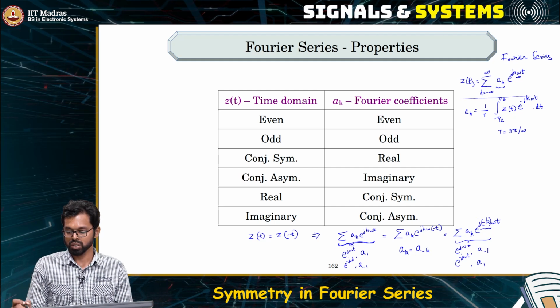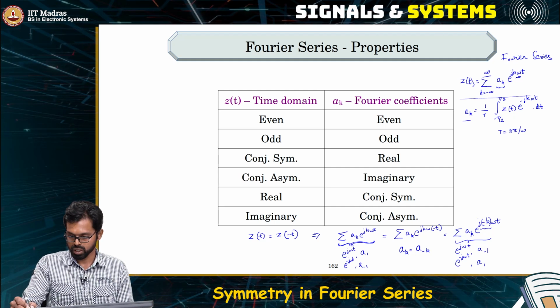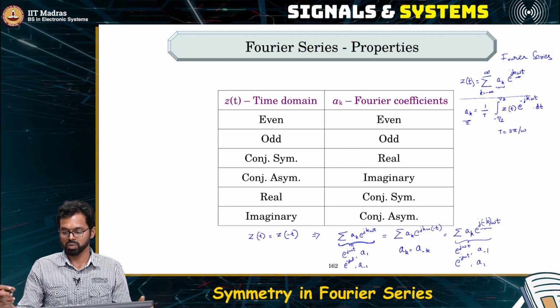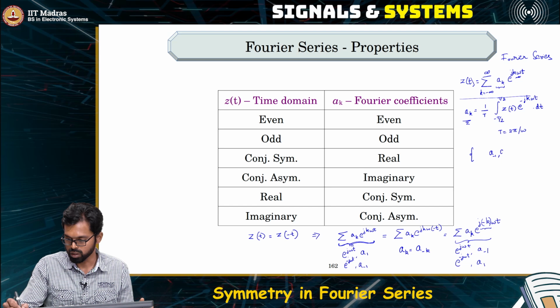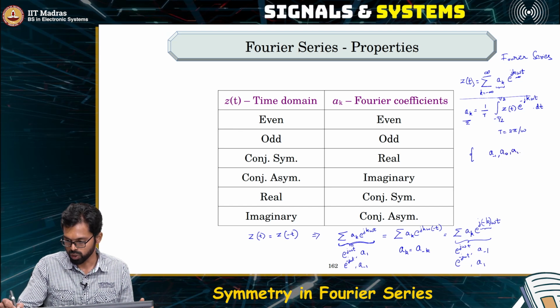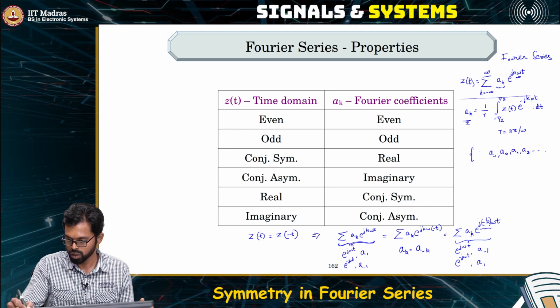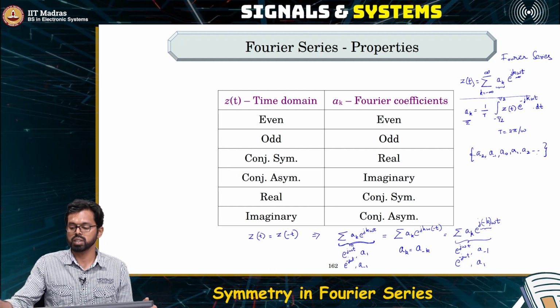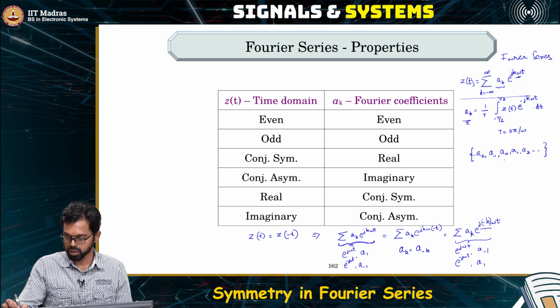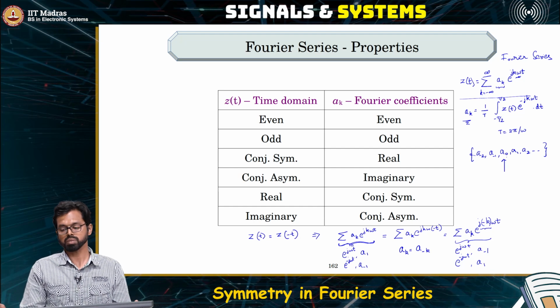which ensures that the sequence that we have here, the sequence of values a minus 1, a plus 1, a2, a minus 2 and so on, this infinite sequence is actually symmetric about 0.